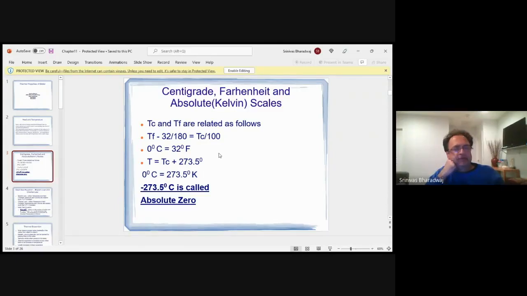So if you wanted to convert from centigrade to Fahrenheit, you take the centigrade value, multiply it by 9 by 5, and add 32. 32 plus 9 by 5 TC equals TF.